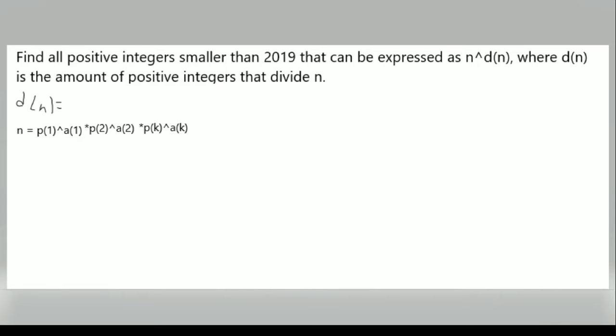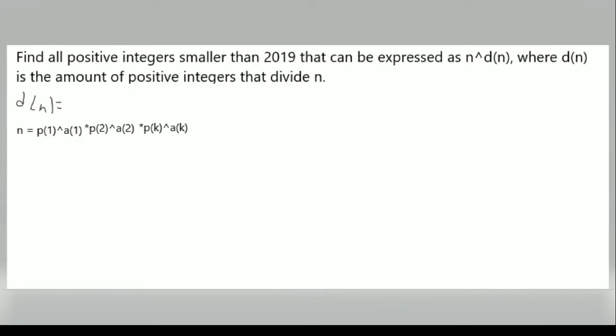We're going to focus on the powers a1, a2, a3, and so on to ak.